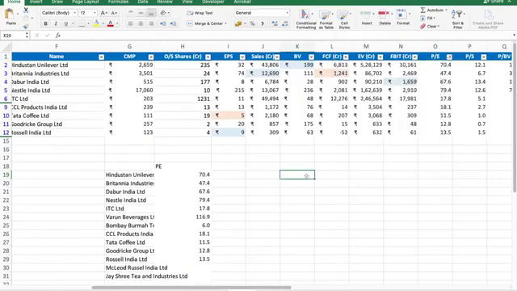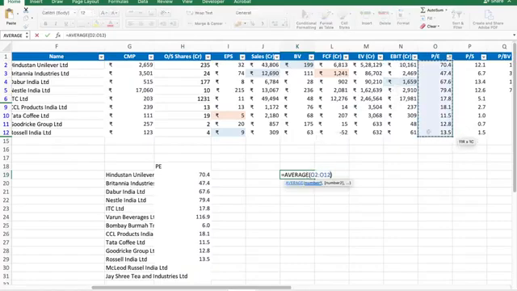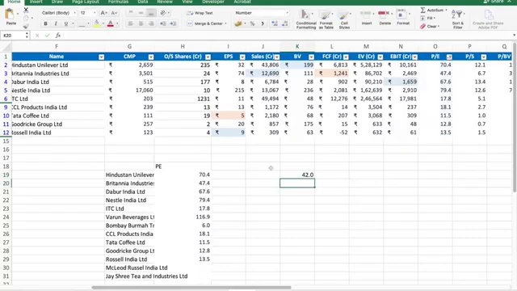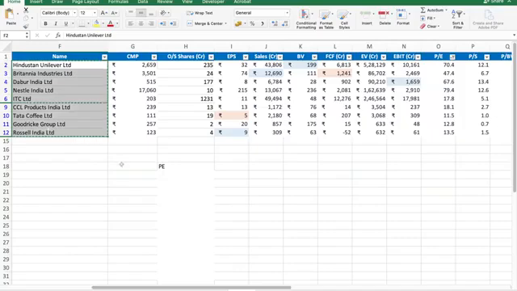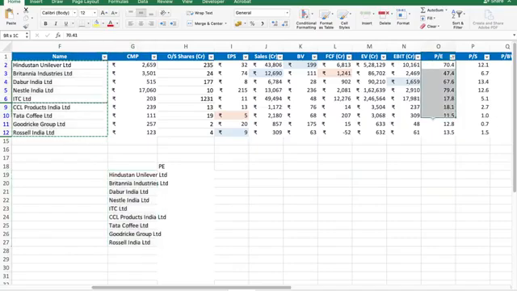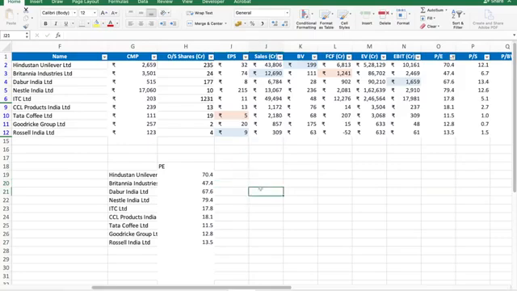And I'll simply do an average function and select the values, right? And I'll compute the industry P by E.